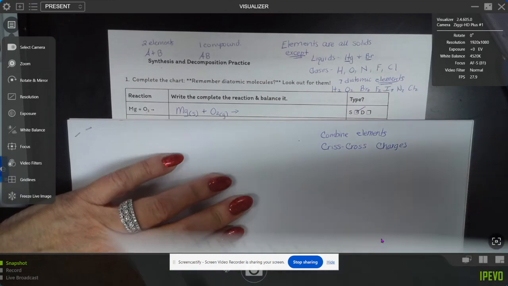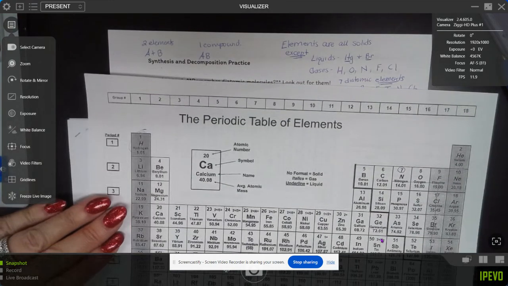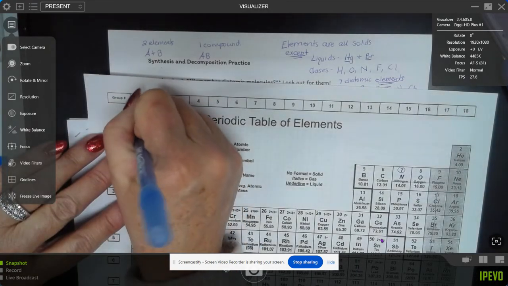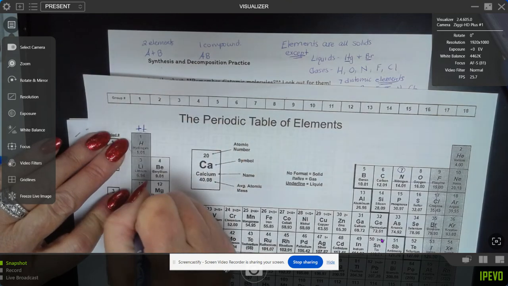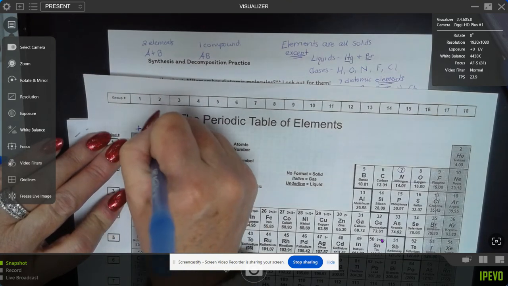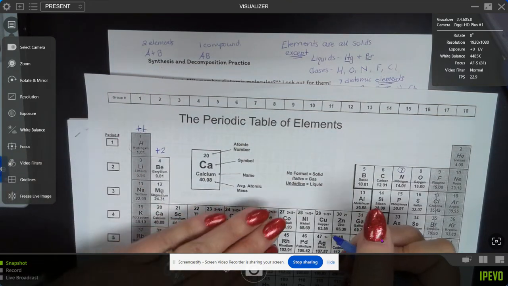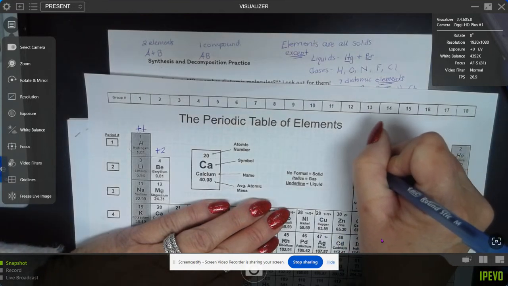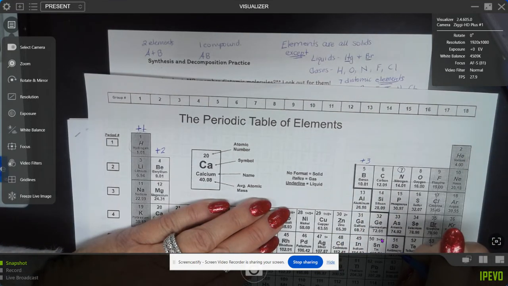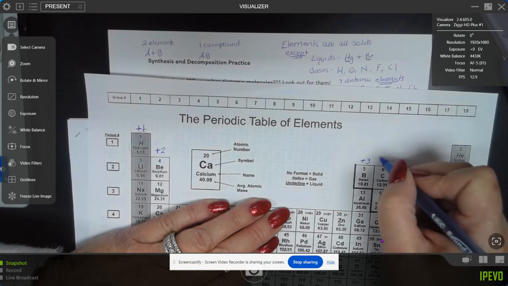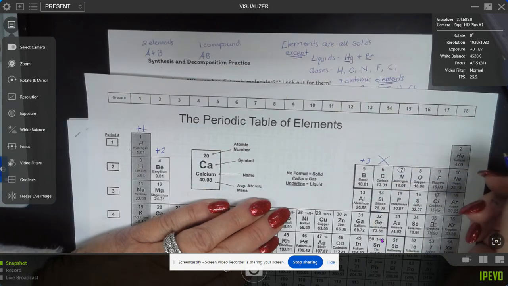And when I say crisscross the charges, you should have your periodic table labeled so that everything in group 1 forms a +1 ion, everything in group 2 forms a +2 ion, everything in group 13 forms a +3 ion. We don't really deal with group 14.